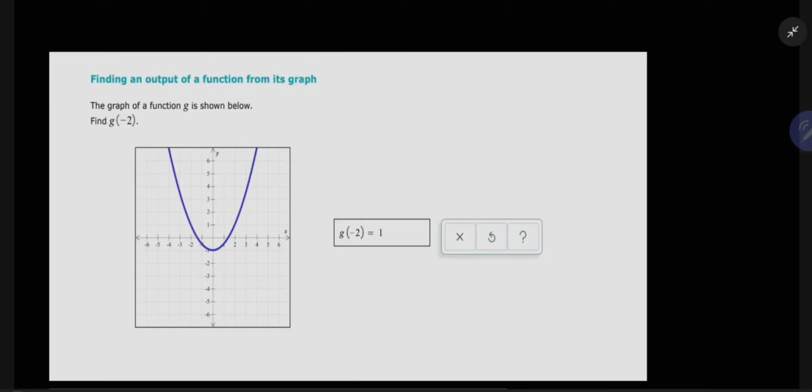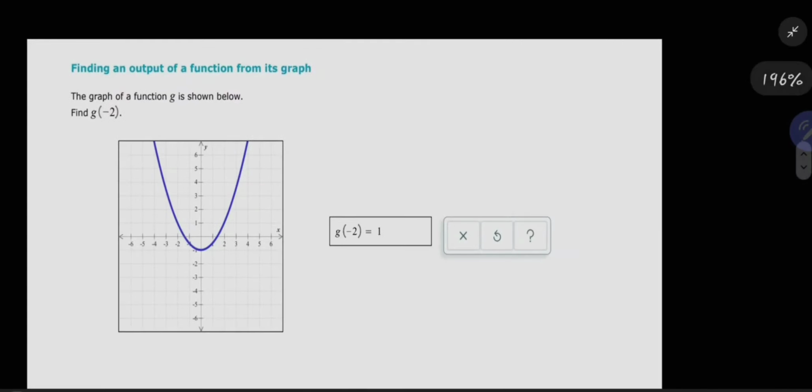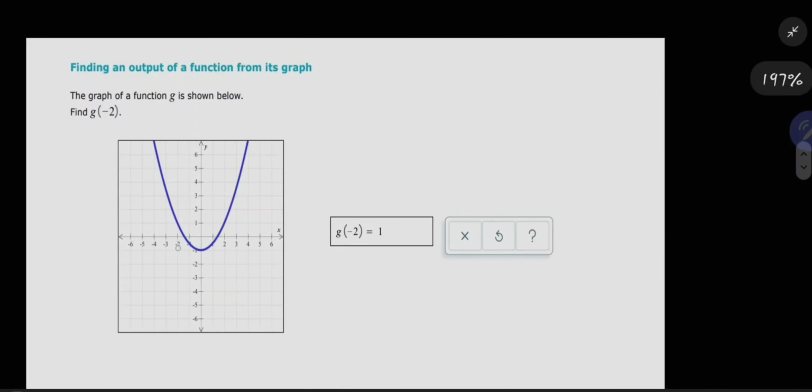So what you do when you have a graph is on the point of the input, that's on the x-axis, where in this case x is minus 2. So you have x as minus 2. You trace up on that graph at that minus 2. You trace until you meet the graph line, and then you find its y coordinate.